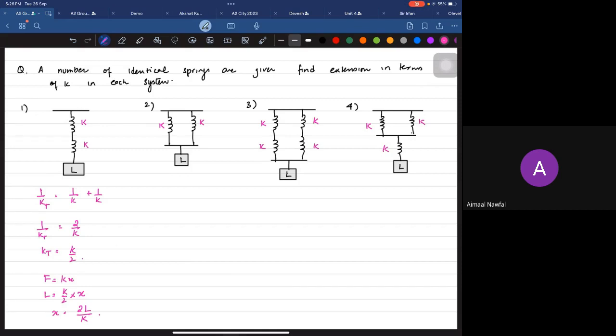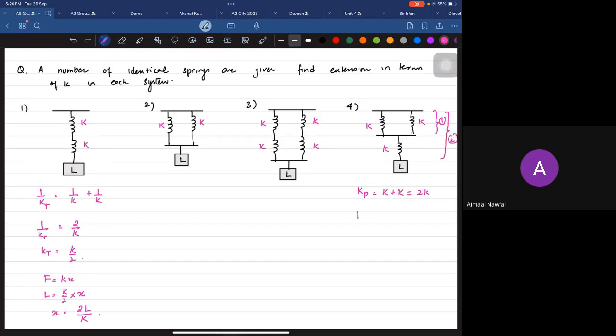Good. Now I'm going to do the last one, and then the rest two you will tell me the answer. So the last one, because this section is basically parallel. So in parallel, the springs will be k plus k. So it's 2k. And then when I've solved this section, I'm going to solve this whole thing in second part.